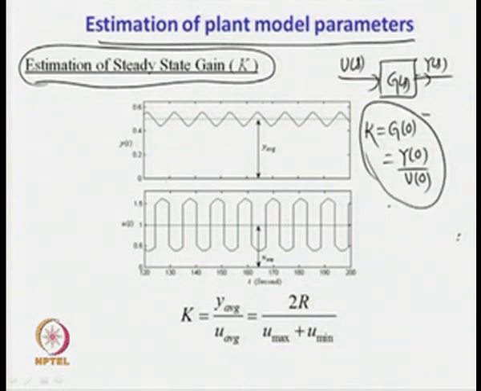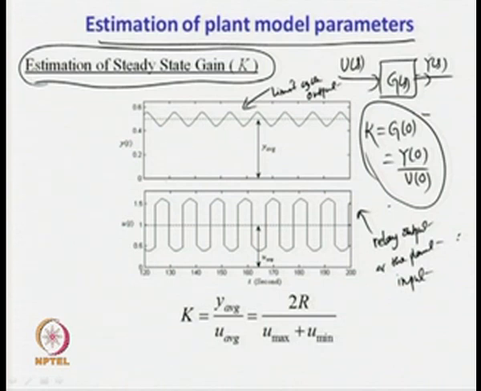Now, this is the limit cycle output, when the system is subjected to a relay, and this is the relay output or the plant input. As you know, y is the output of the plant, u is the input to the plant. Therefore, I shall make use of both pieces of information to estimate the steady state gain.